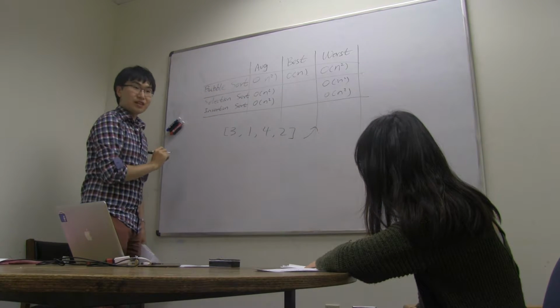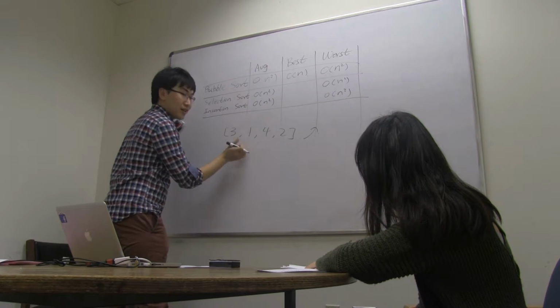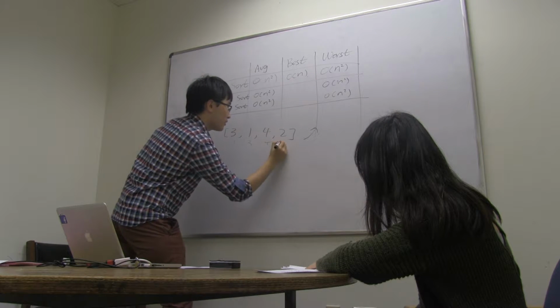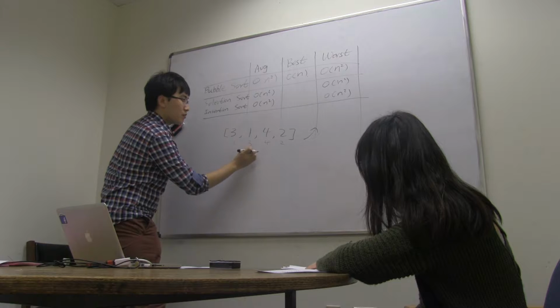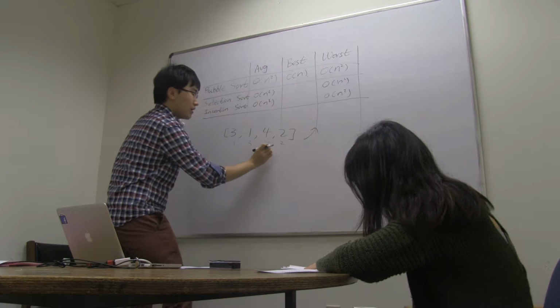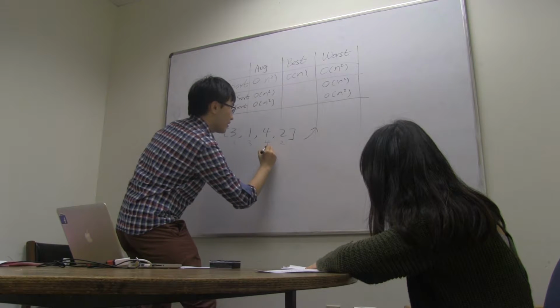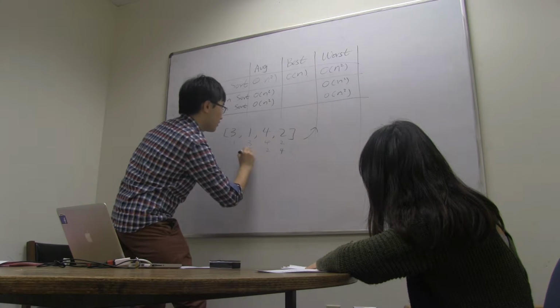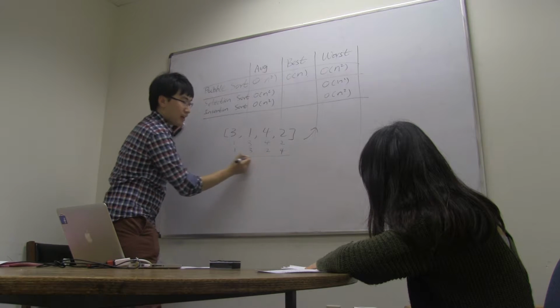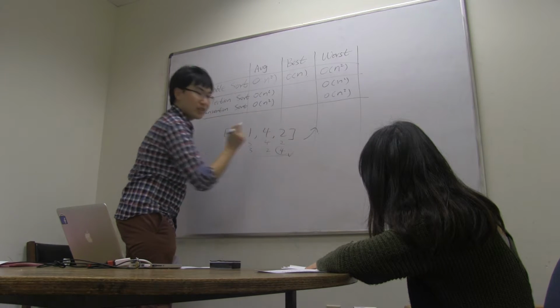In bubble sort, the first comparison is between 1 and 3, and they switch to be 1, 3, 4, 2. Then 3 is compared with 4, so keep the order, and then 4 is compared with 2, and they switch. So after the first pass of bubble sort, it becomes something like this, and this last one is sorted.